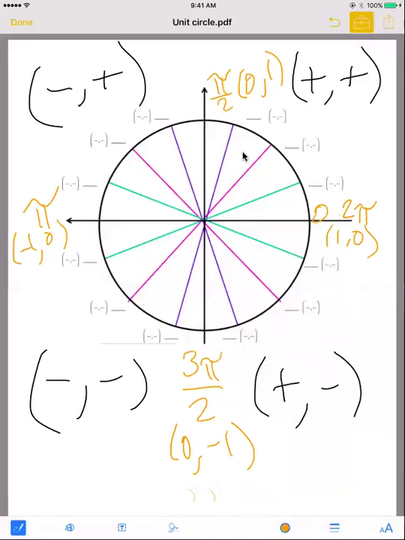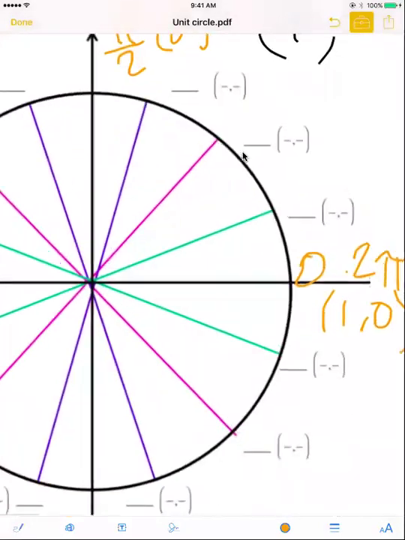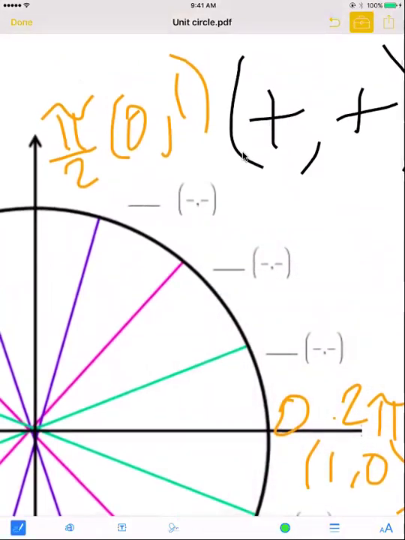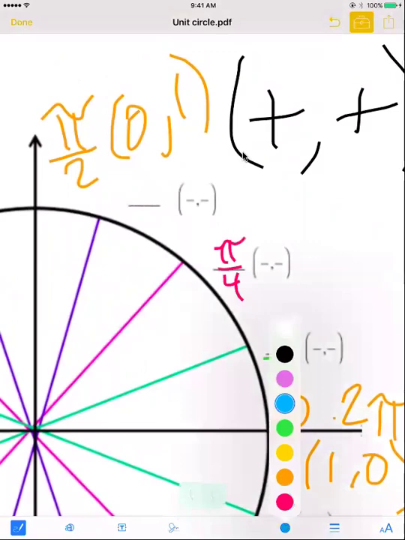So then for figuring out within each quadrant, this first quadrant here, the first green line is your smallest fraction, so that would be pi over 6. The next largest one would be pi over 4. The last one and the largest fraction would be pi over 3.